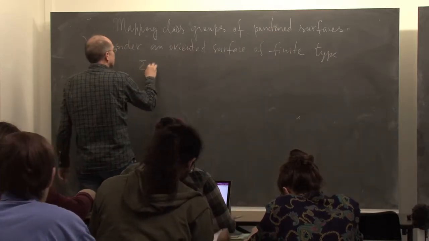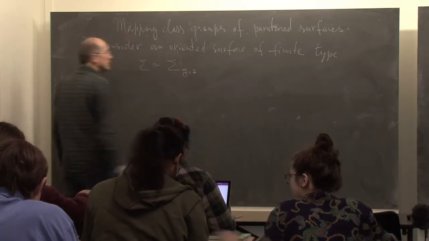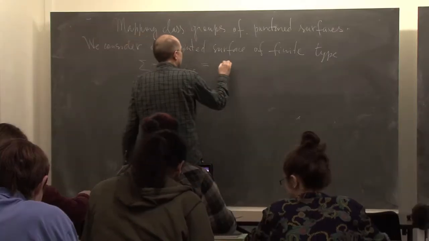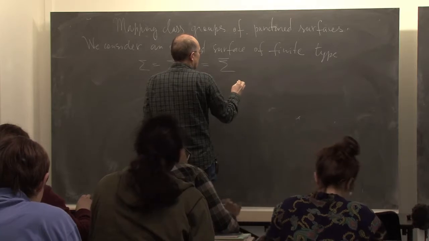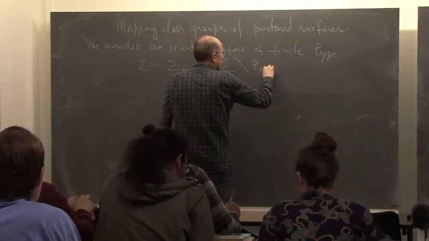So sigma, which will be written with two indices, sigma g,s, is the same as the closure of sigma minus finitely many points.